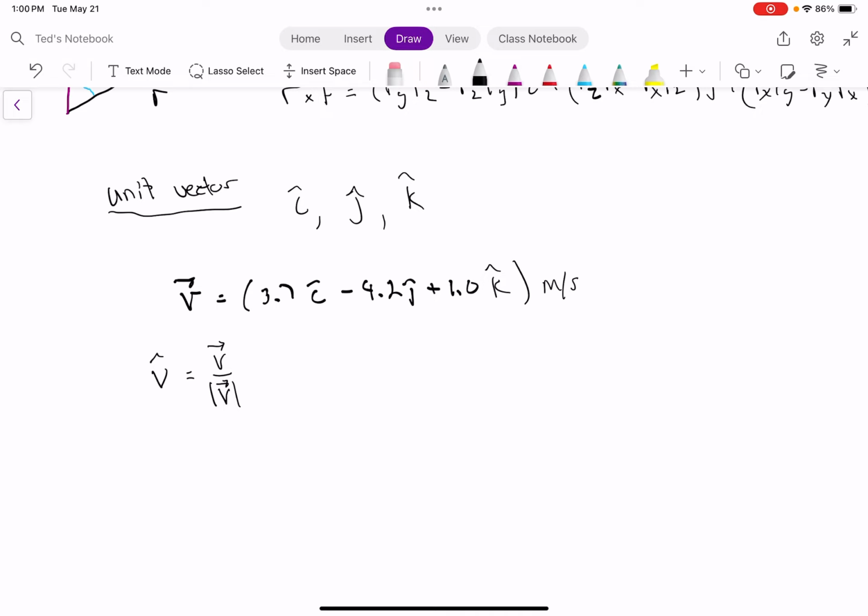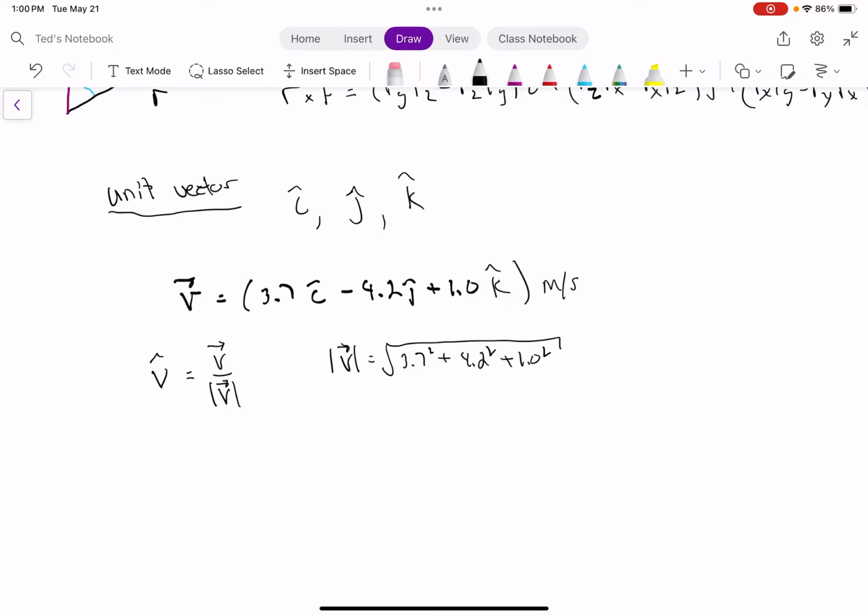To find the length of a vector, we just use the Pythagorean theorem. So the length of the v vector is equal to the square root of 3.7 squared plus 4.2 squared plus 1.0 squared.